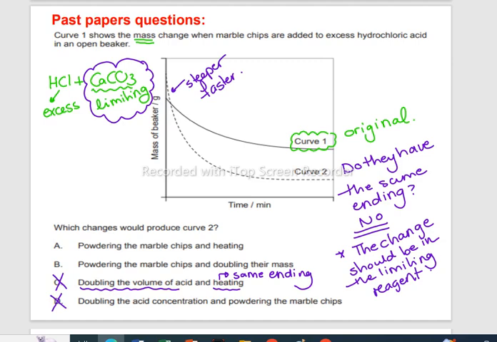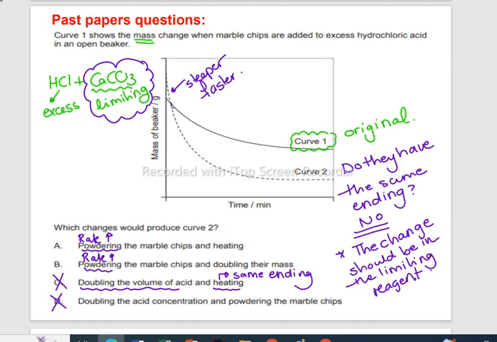Now we have two possible answers, A and B: powdering the marble chips and heating, or powdering the marble chips and doubling their mass. For both, powdering, the rate will definitely increase, and it's steeper, so it's a little bit faster.